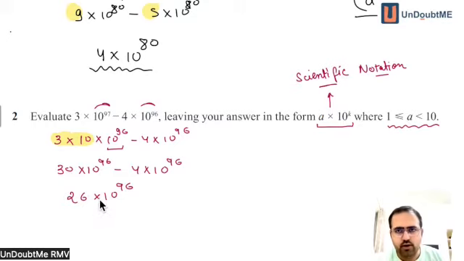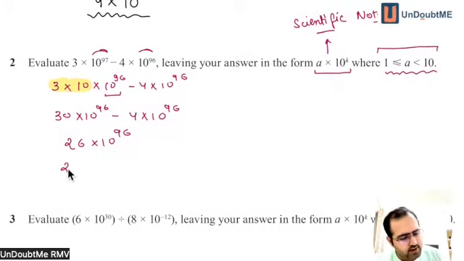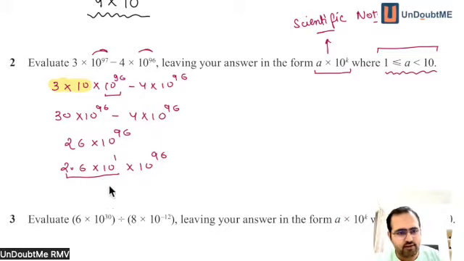Now we cannot write this as the answer because it is clearly mentioned: give your answer in this form where a should be between 1 and 10. So I will rewrite 26 as 2.6 times 10 to the power 1. That is the scientific notation, and then it will be adjusted with 10 to the power 96. So my final answer will be 2.6 times 10 to the power 97.